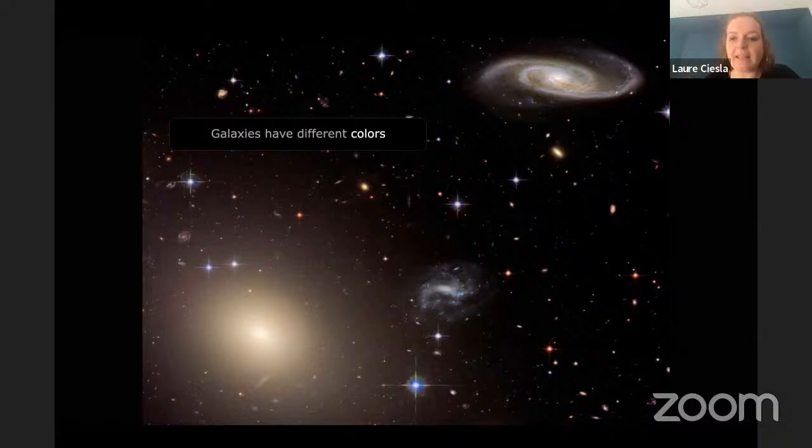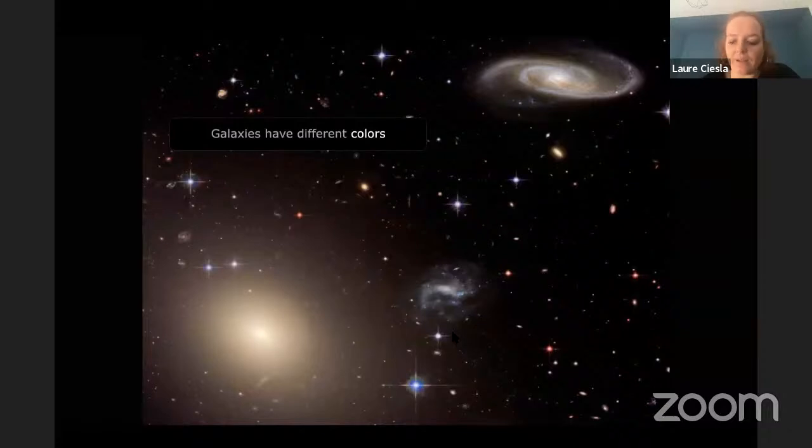You have this nice spiral here, which is mainly blue, and here something more red with a spheroid, an elliptical galaxy. So if you look at the sky for the first time and you see galaxies, the first thing you want to do is classify them.